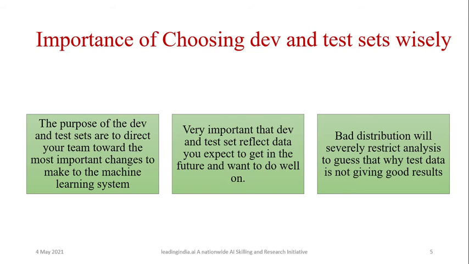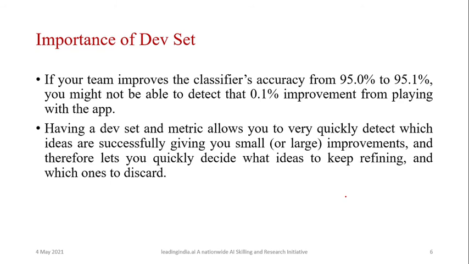In that way, your model never sees the zebra in the training set, which means your distribution is not good. So in that case, you first randomize the entire data, and then you choose the test data and the development data.